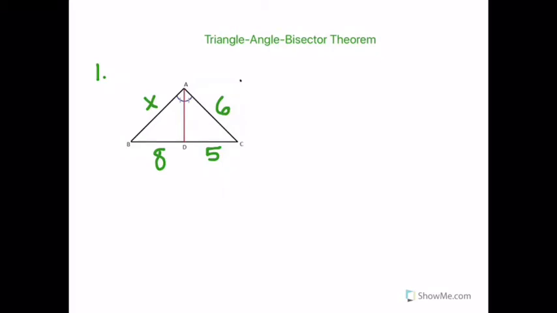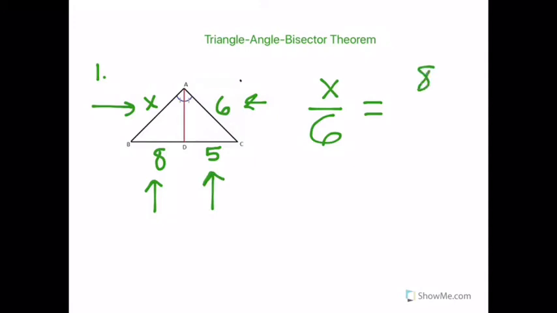When we set up our proportion, it will be the two sides of the triangle, x and 6. We write x over 6 equals the two segments of that bottom or that third side, 8 over 5.